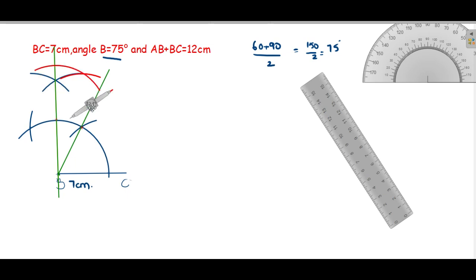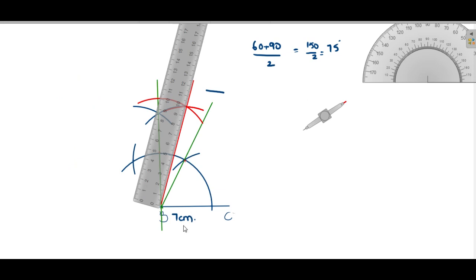Now this represents the 75-degree ray. Now as we have AB plus BC is equal to 12 centimeters, we will draw a line which is of length 12 centimeters. As you can see here, it is 12 centimeters. We will mark this point.